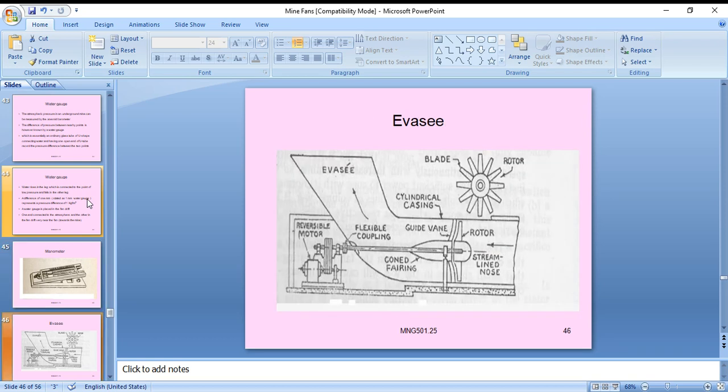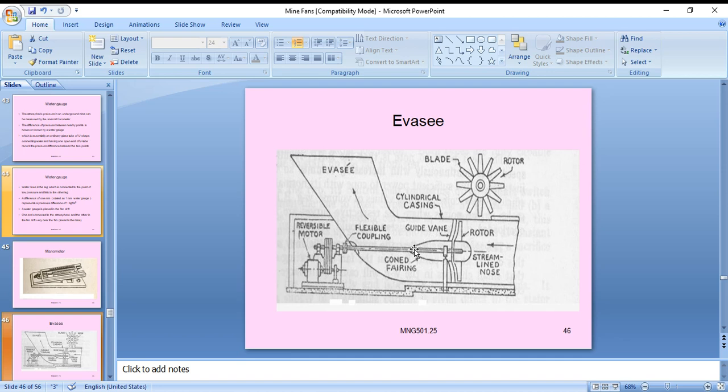Then here I am showing what was in your previous slides, which can be explained here. So this is a shaft, connecting to the impeller. Here the motor is there, the belt drive, reversible motor, and flexible coupling.